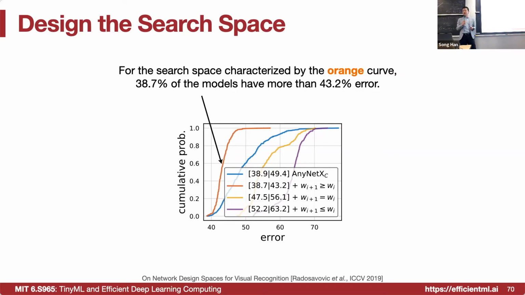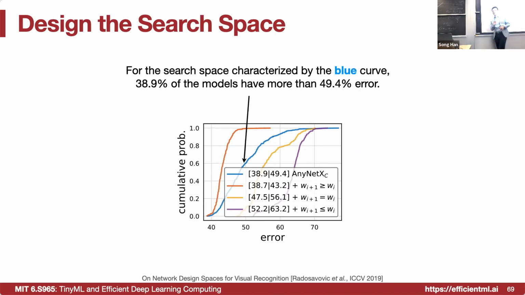Orange, yes. Why the orange line? The model has less error. Less error, yes. With a similar amount of probability, 38.9 versus 38.7, the orange design space has a much lower error compared with the blue design space. In this way, we can filter away those bad design spaces.